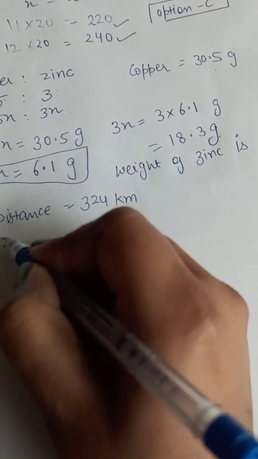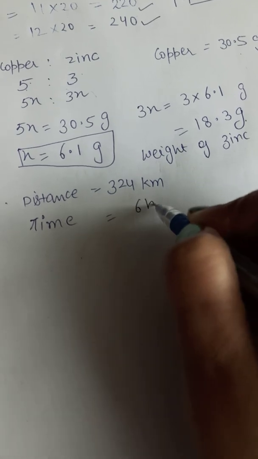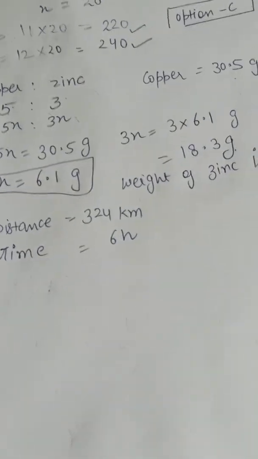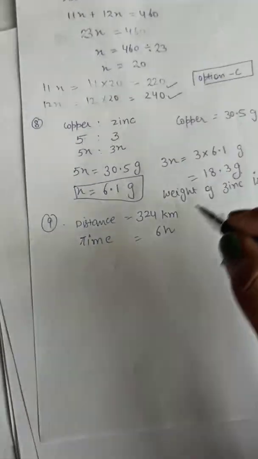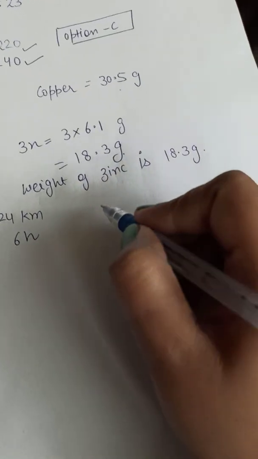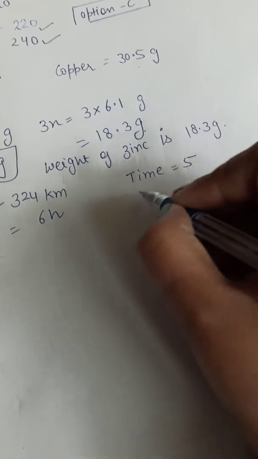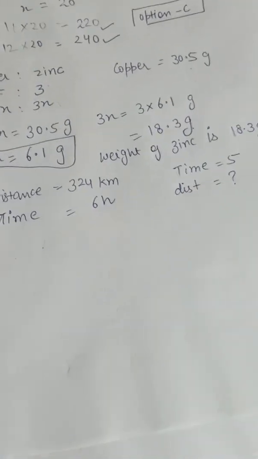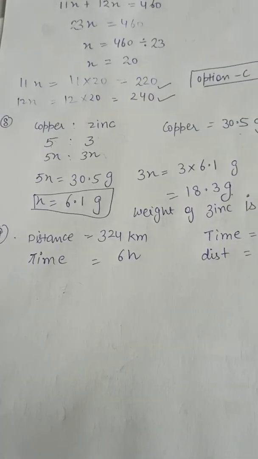Speed is not given here, time is given, that is 6 hours. He would travel dash kilometer in 5 hours at the same speed. It means the time given is 5 and we have to find the distance at the same speed. So see, this question is like in proportion.